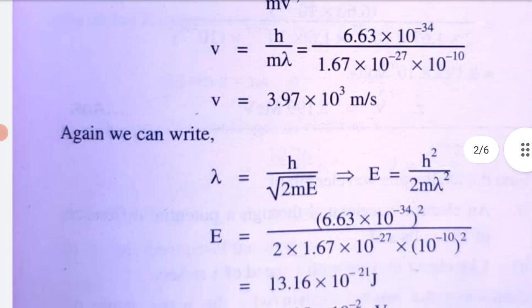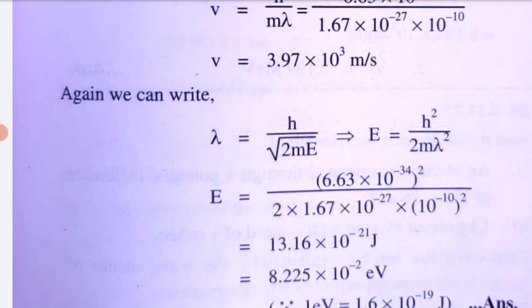Again we can write lambda is equal to h upon under root 2mE. Then E is equal to h square upon 2m lambda square. We know all the values, the value of h, m and lambda. Then 6.63 into 10 raised to minus 34 upon 2 into 1.67 into 10 raised to minus 27 into 10 raised to minus 10 bracket square.